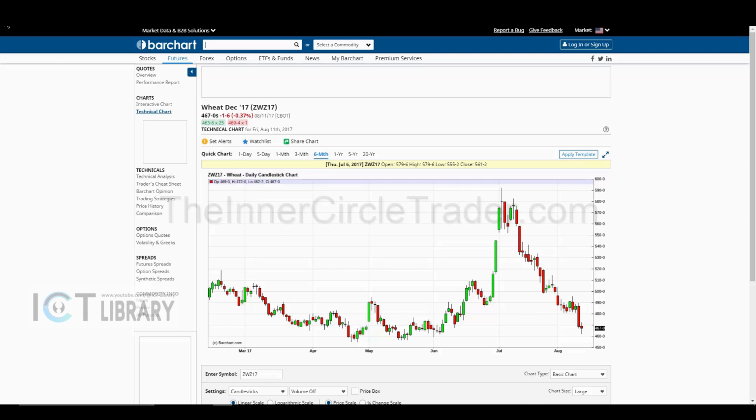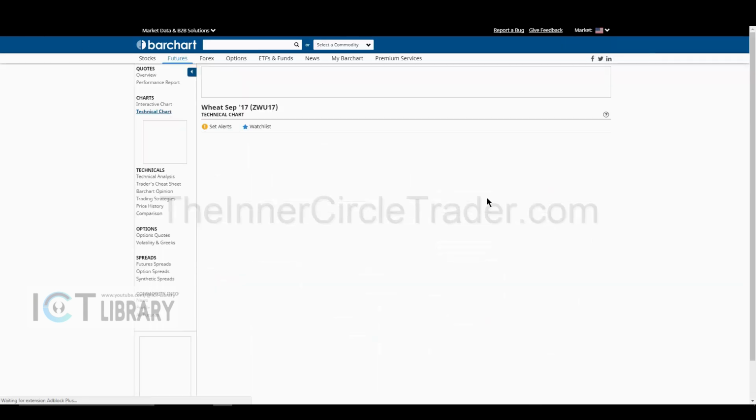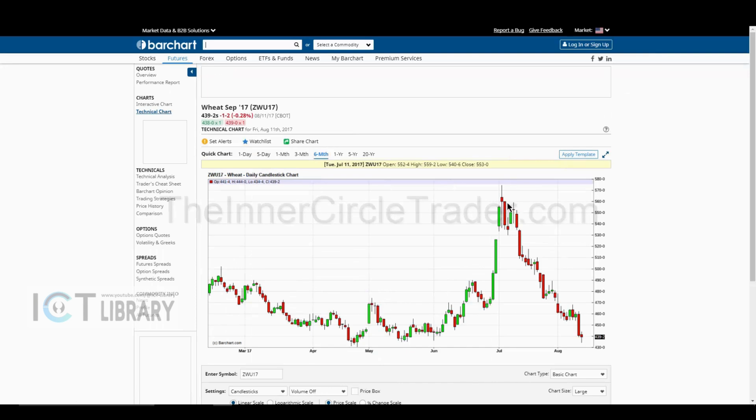Watch. We couldn't get back above that candle. So while there was a slightly higher high here relating to two candles being the 3rd and the 11th, the 6th candle of July wasn't able to be pierced with this candle on the 11th on the nearby contract.